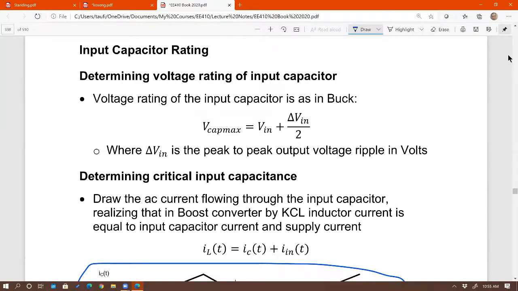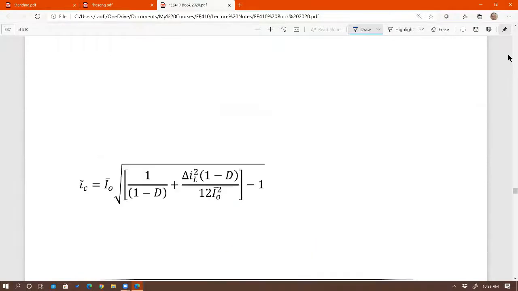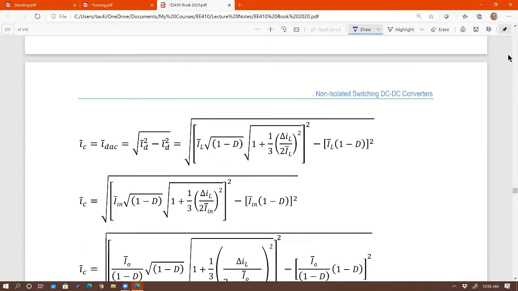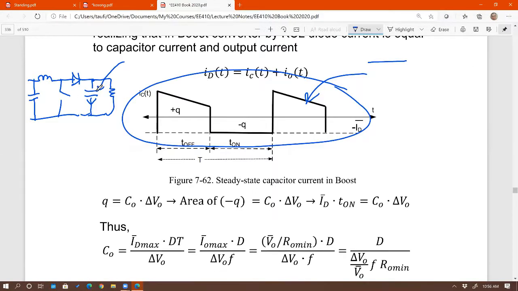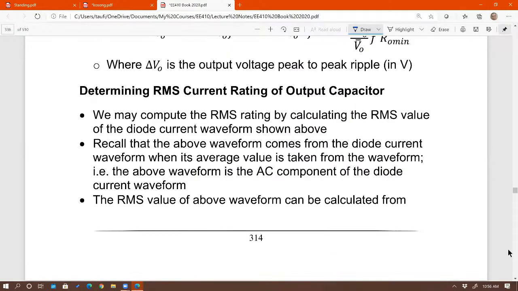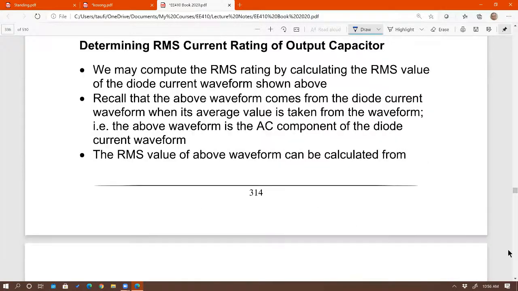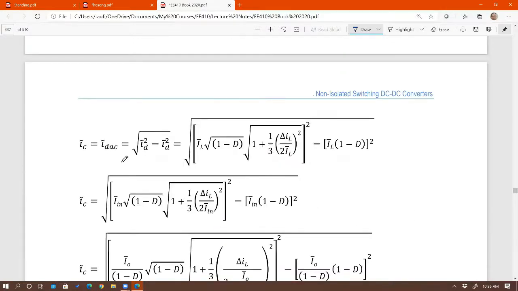And then the RMS current rating, of course, is going to depend on the shape of the current, right? For a boost converter, if you are trying to calculate the RMS current through the cap right there, then you need to do the RMS equation, because that's not an easy shape to deal with. So that's why the equation is long. See that tilde right there? It means just the RMS value, the AC component of the current. Not total RMS. This is just AC RMS.